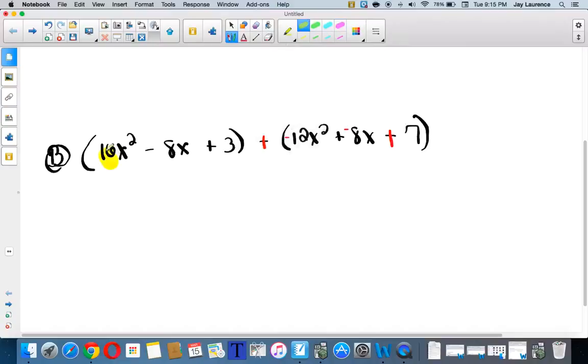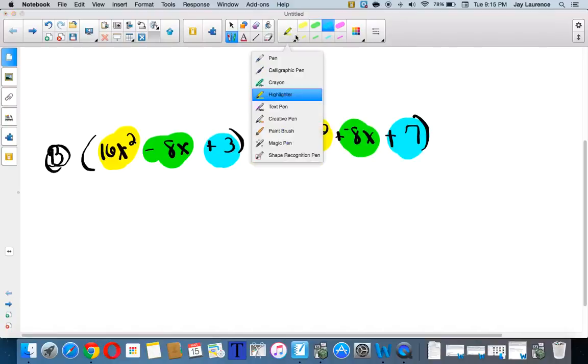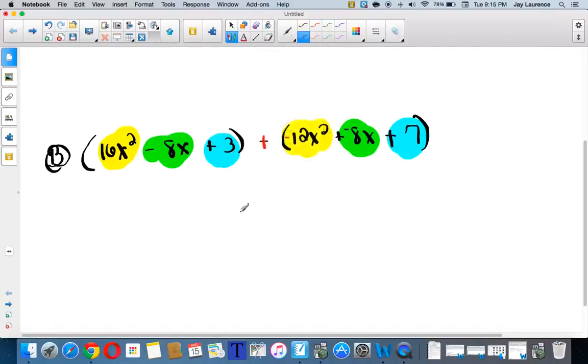I've got a 16x squared and a negative 12x squared, a negative 8x and a negative 8x, a positive 3 and a positive 7. So what I end up with is 4x squared, a negative 16x, and a positive 10. And so I have a quadratic trinomial.